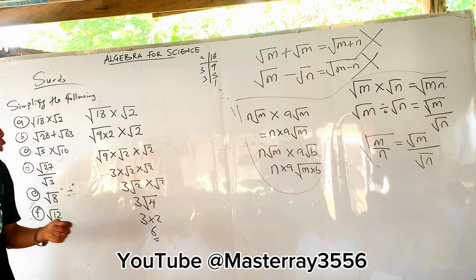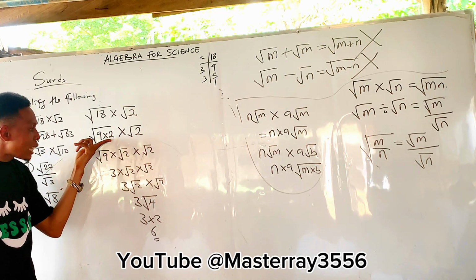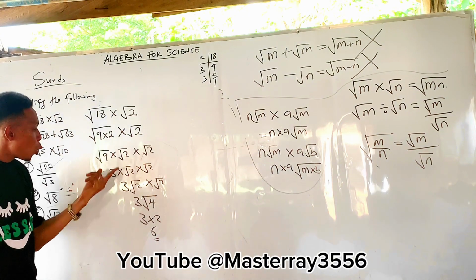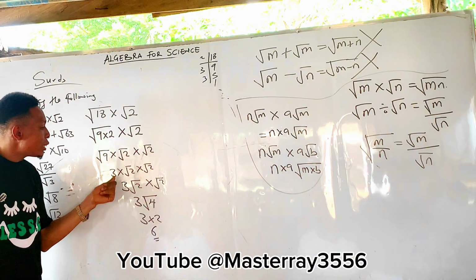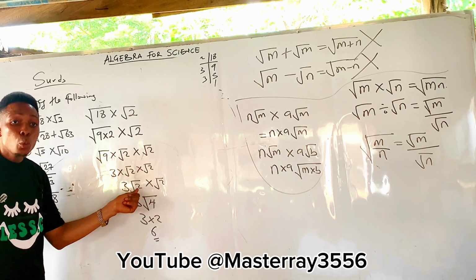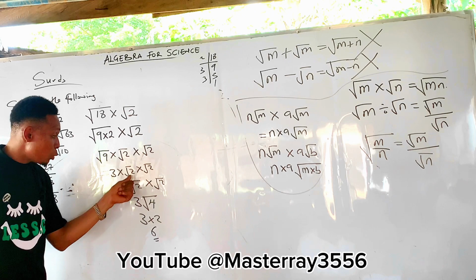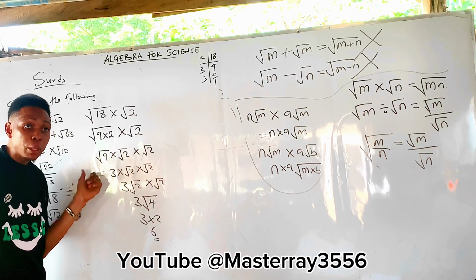Are you following? So this is 9 times 2. If you break this one down, this is square root of 9 times square root of 2. Square root of 9 is 3. Then 3 times root 2 is 3 root 2. Did I say it's root 6? No, because this one is not a root. Suppose it was a root, you can multiply everything.